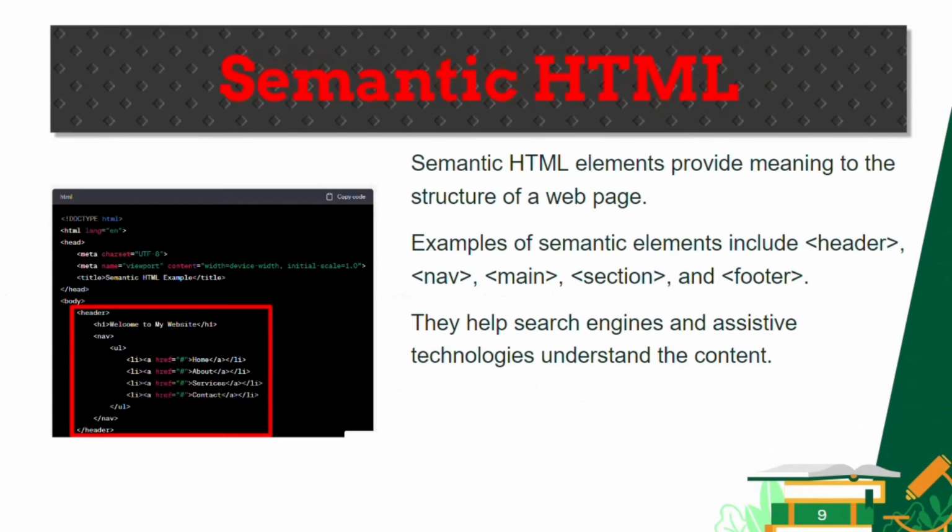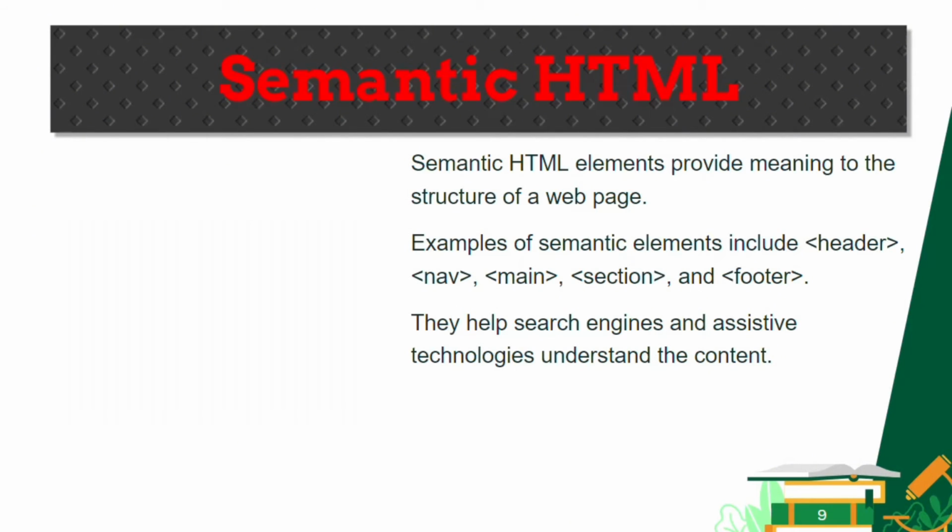Now the next part is semantic HTML. Semantic HTML elements provide meaning to the structure of a web page. Look at the picture that I already provided as a demo. Here is the doctype, head part, body part, and I also marked the header option.